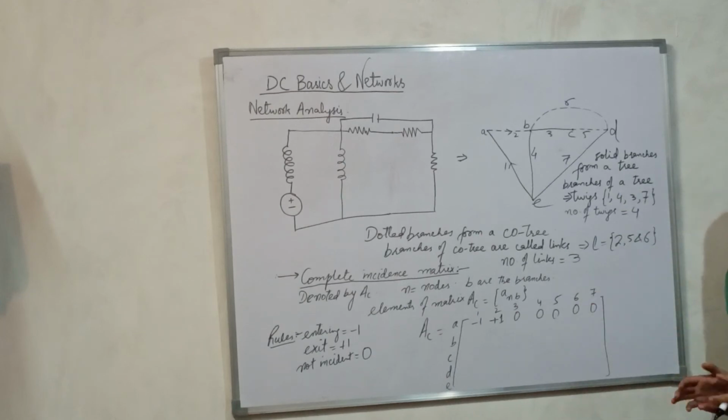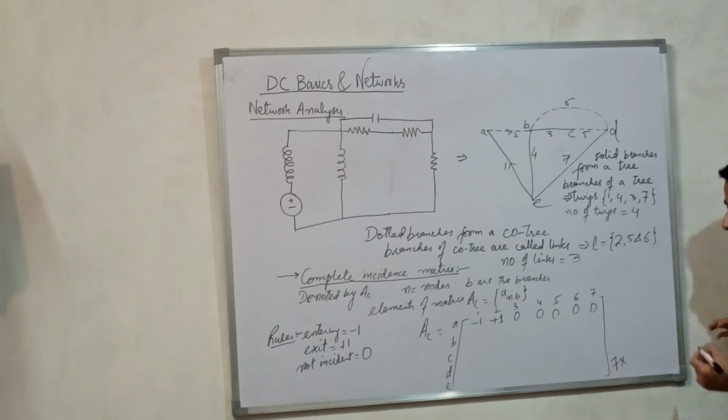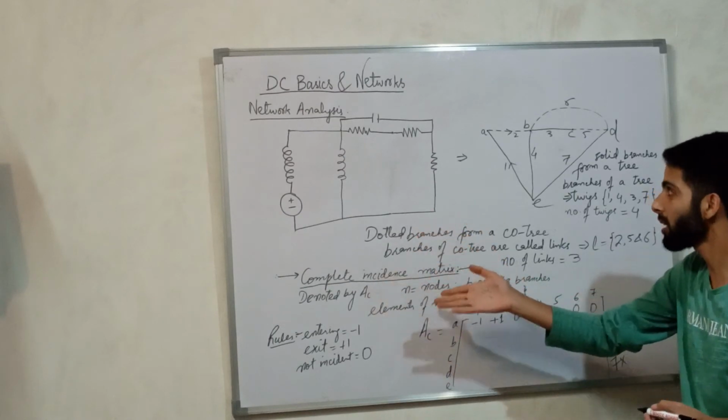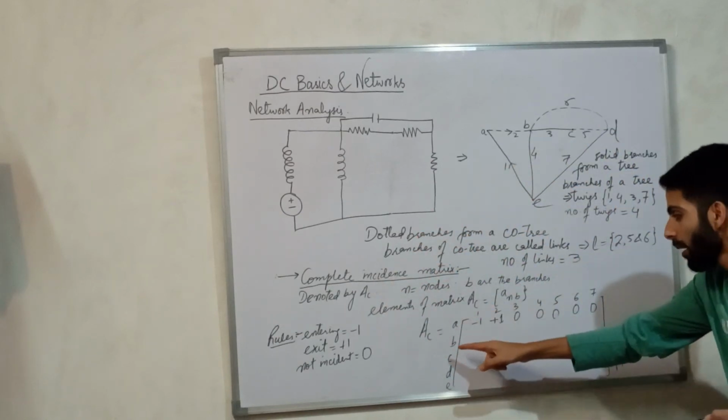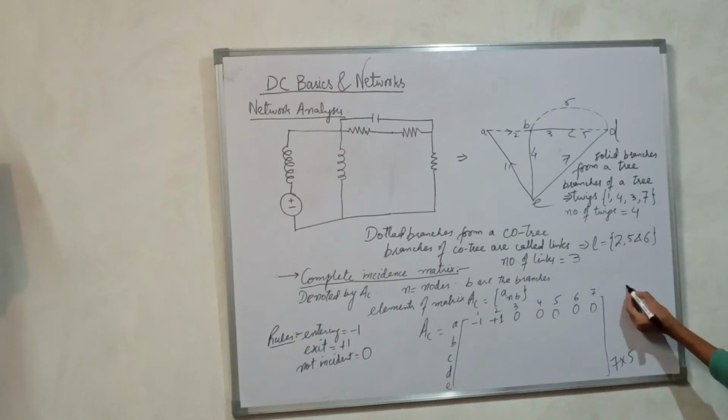And what will be its order? What will be the order of the matrix? Rows into columns. How many rows are there? There are 7 rows. And how many columns? Columns are as many as the number of nodes, A, B, C, D, E, means 5. 7 into 5. So AC has order n into b.